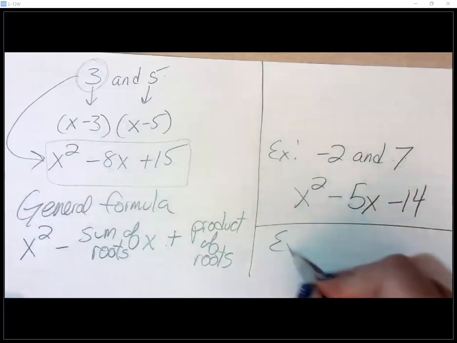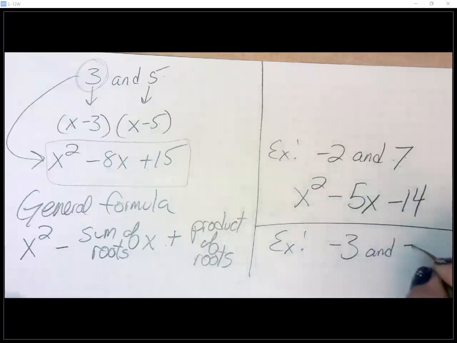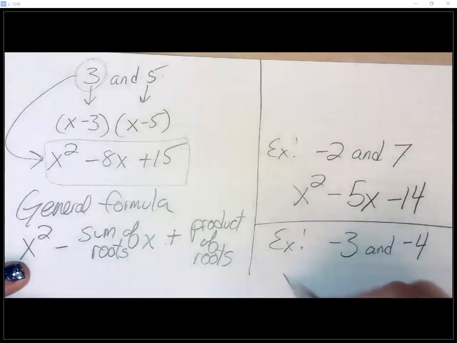What if I gave you, let's do 2 negatives. How about -3 and -4, whatever. So you try that one, right? What that quadratic would look like. Okay, did you write, or you tell me what you wrote, x squared?